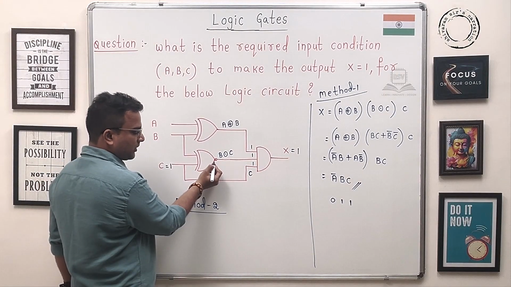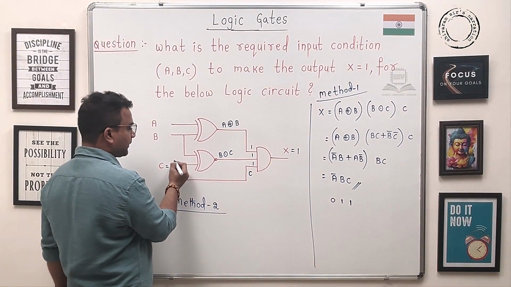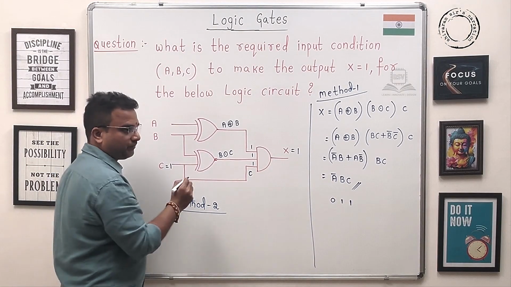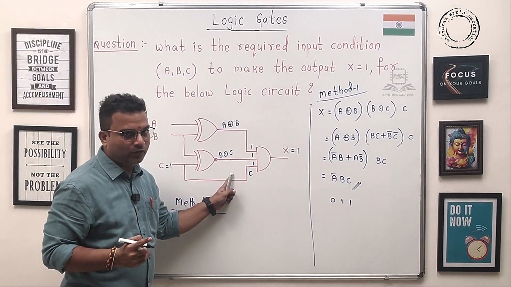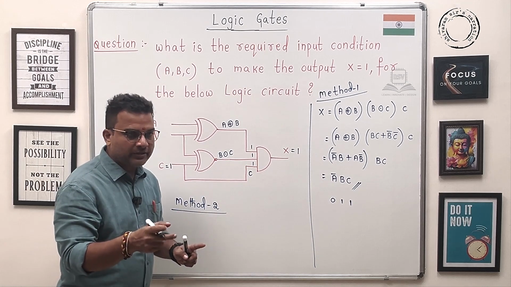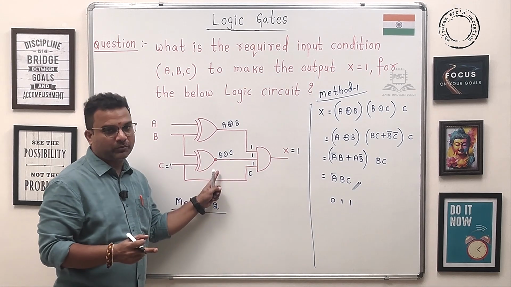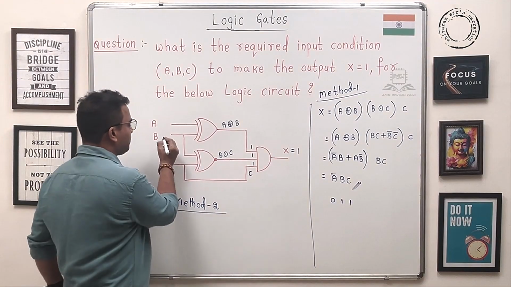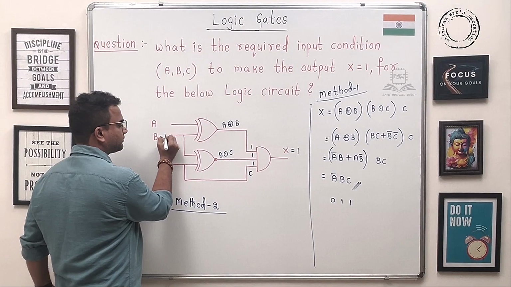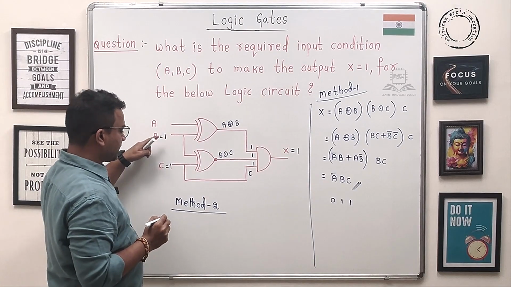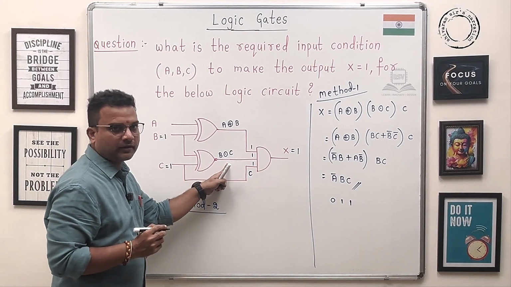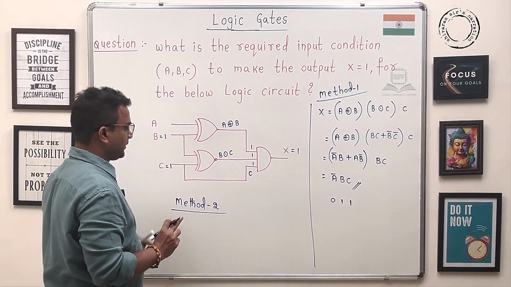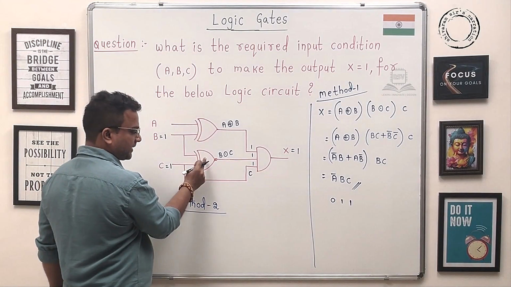For this XNOR gate, whenever the input combinations are the same, then only the output will be 1, no? For 0, 0 combination or 1, 1 combination, you will get the output as 1. But here C must be 1. Then obviously B must be 1. Then only B XNOR C will be 1. Now, guys, here, this is XOR gate, this is XNOR gate.